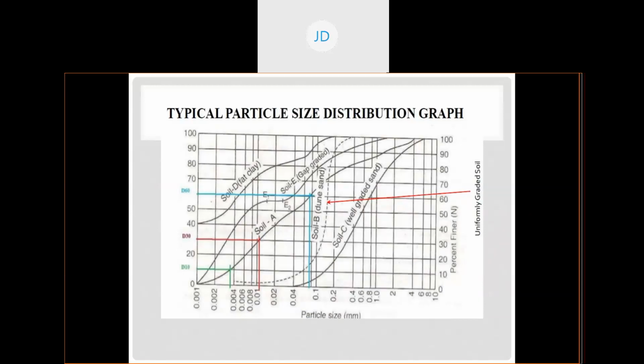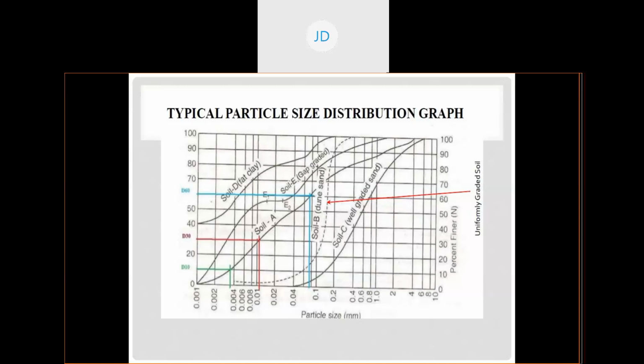In this graph you can see different curves, 1, 2, 3, 4, 5, representing different types of soil having different grades of soil.